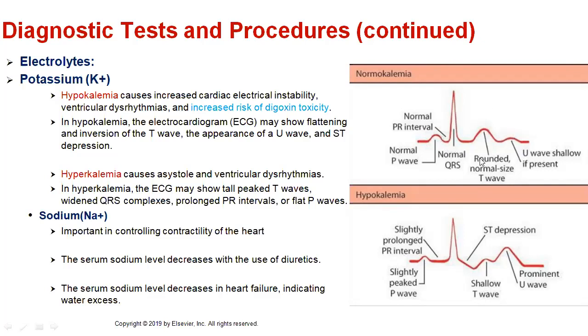It is the normal EKG. It is an electrical event because of contraction and relaxation of the cardiac muscle. But if the patient develops hypokalemia, what change takes place? Hypokalemia, I said.